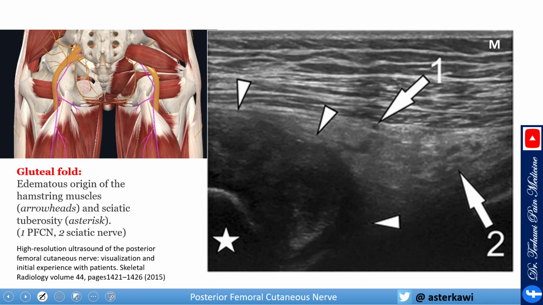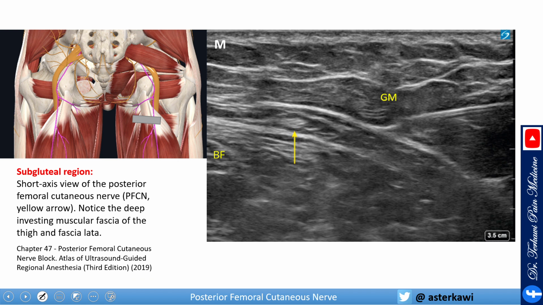If you scan farther down, that's the gluteal fold, and specifically for this patient, this is the hamstring or the biceps femoris head, and the sciatic tuberosity underneath that. Here you have the sciatic nerve, and here you have the posterior femoral cutaneous nerve. If you keep going down a little bit, that's the subgluteal region.